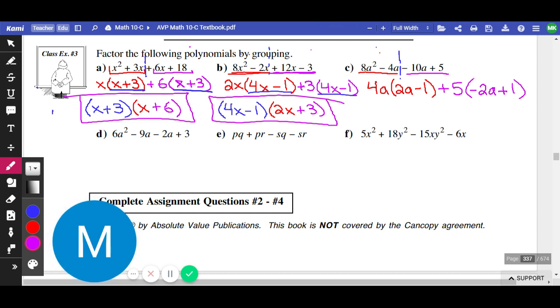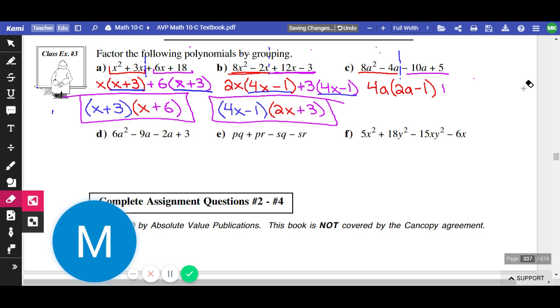So what we need to do is use a little bit of intuition and understand that it has to be a positive and then a negative. So if I want my purple side to go positive and then negative, I have to factor out a negative. So instead of factoring out plus 5, I need to factor out negative 5. And when I factor out negative 5, it'll give me the proper binomial on the inside.